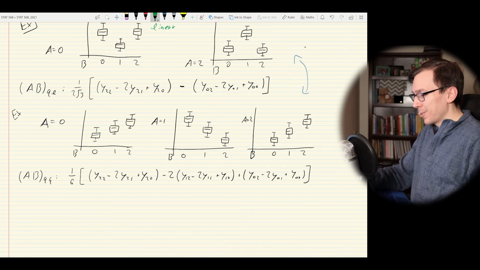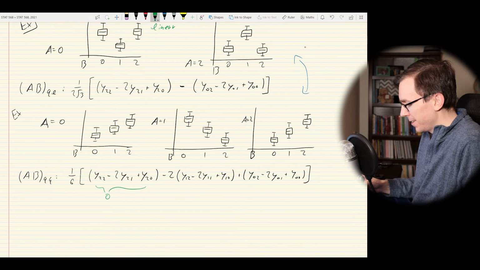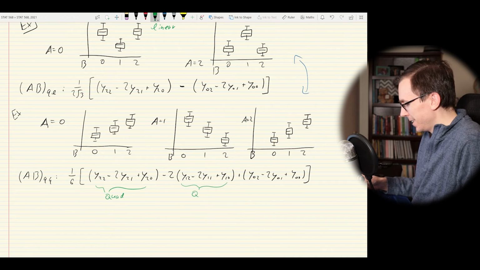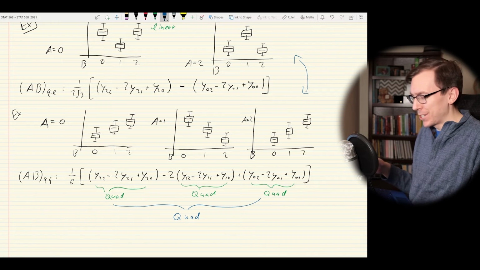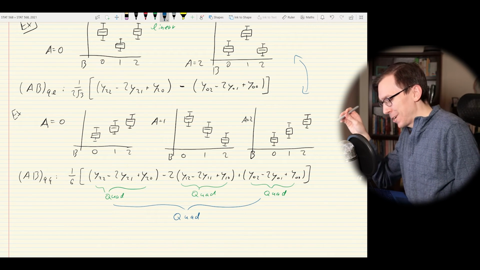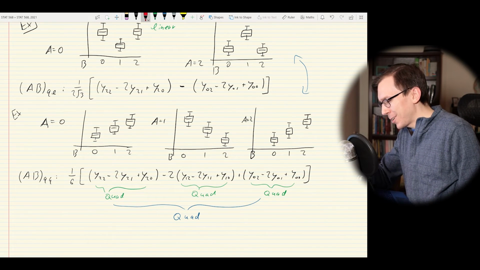All right, so what do we have here? Well, we have a quadratic. We have another quadratic contrast. We have a third quadratic contrast. And what are we doing? Well, we're contrasting them quadratically. It's sort of the inception level of a dream within a dream, a quadratic within a quadratic.